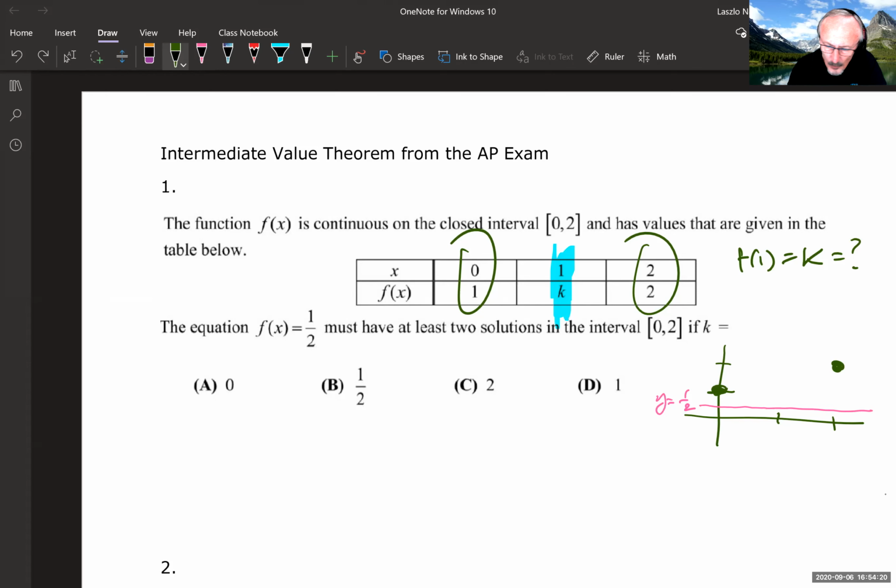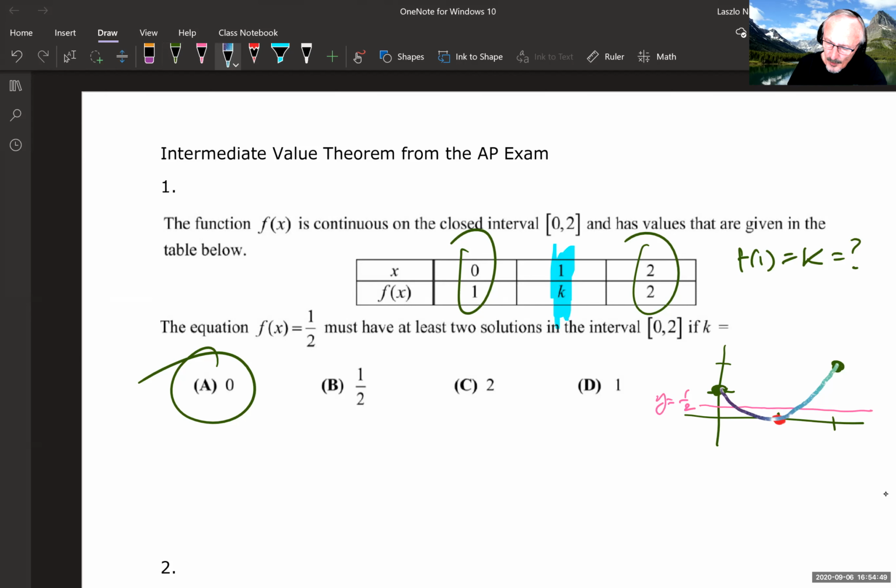So really the only answer that is suitable here for us is A, because if the y coordinate is 0 at 1, in that case, the curve has to cross, even in its simplest form, at least in 2 places. And so f of x equals 1/2 must have at least 2 solutions.